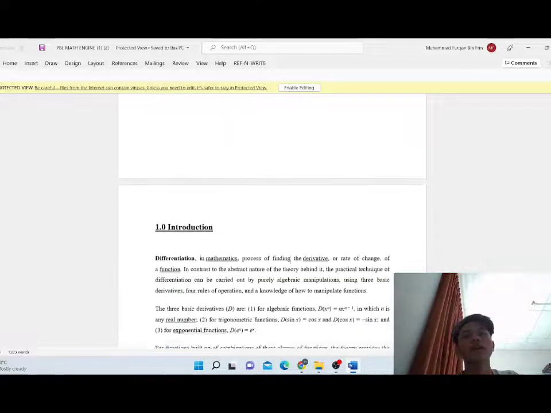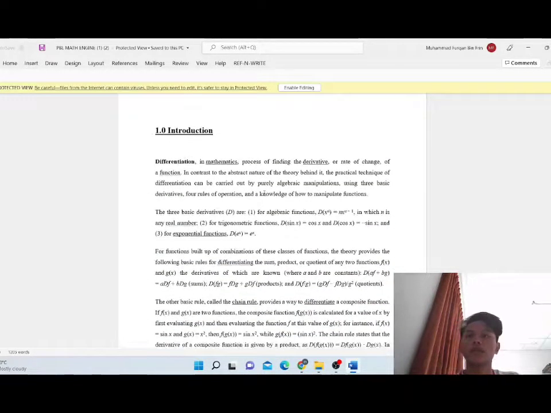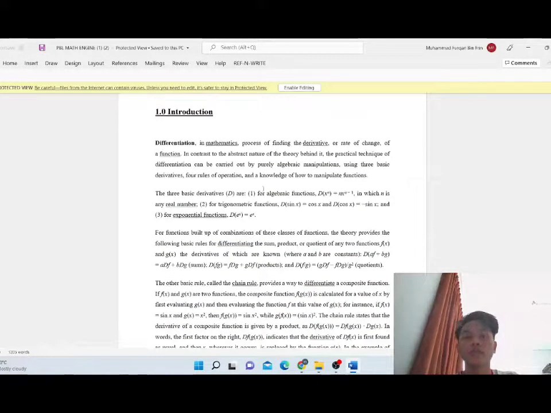We go to the introduction, which is the first of the table of contents. Our group project uses differentiation to solve a problem. Differentiation is the rate of change of a function, or known as the process of finding the derivative.